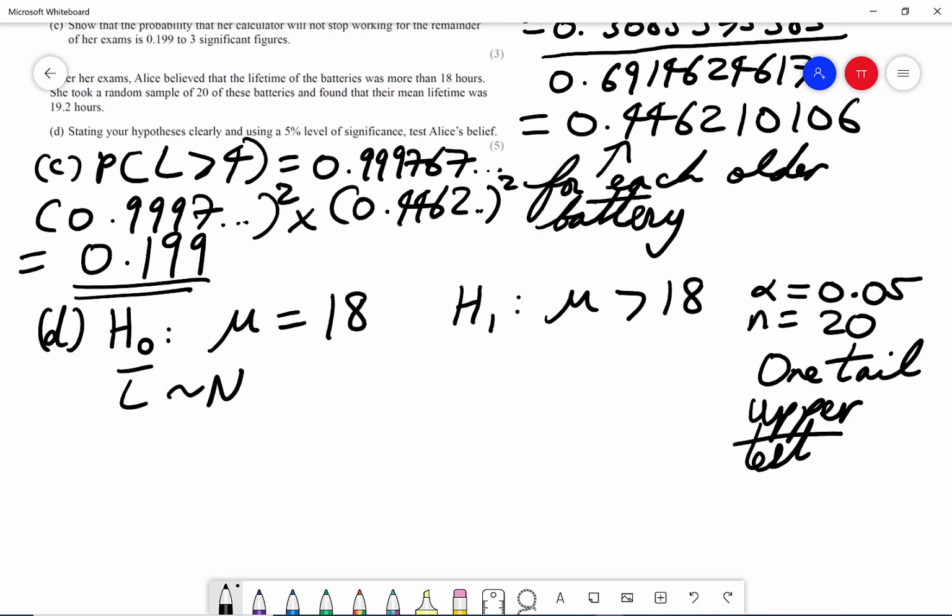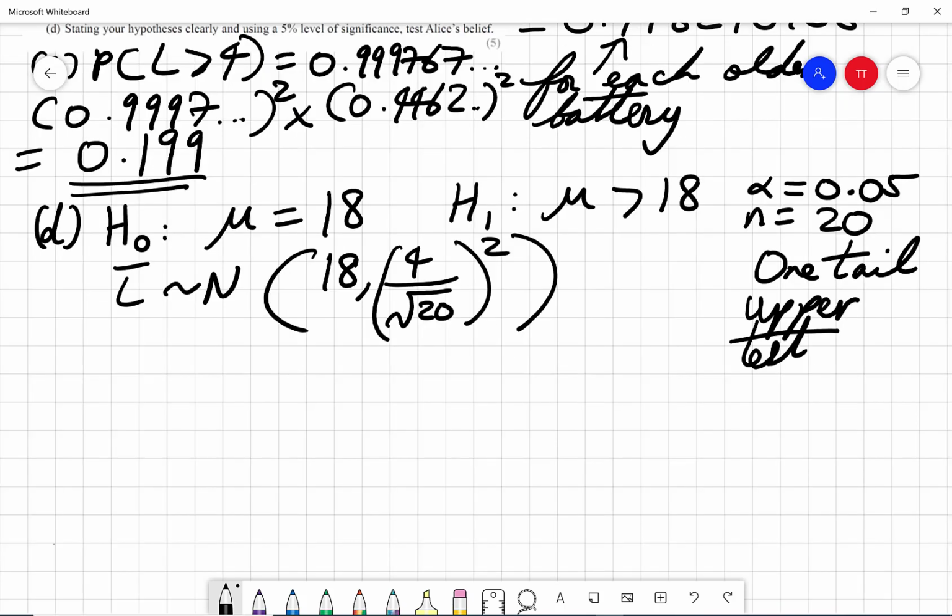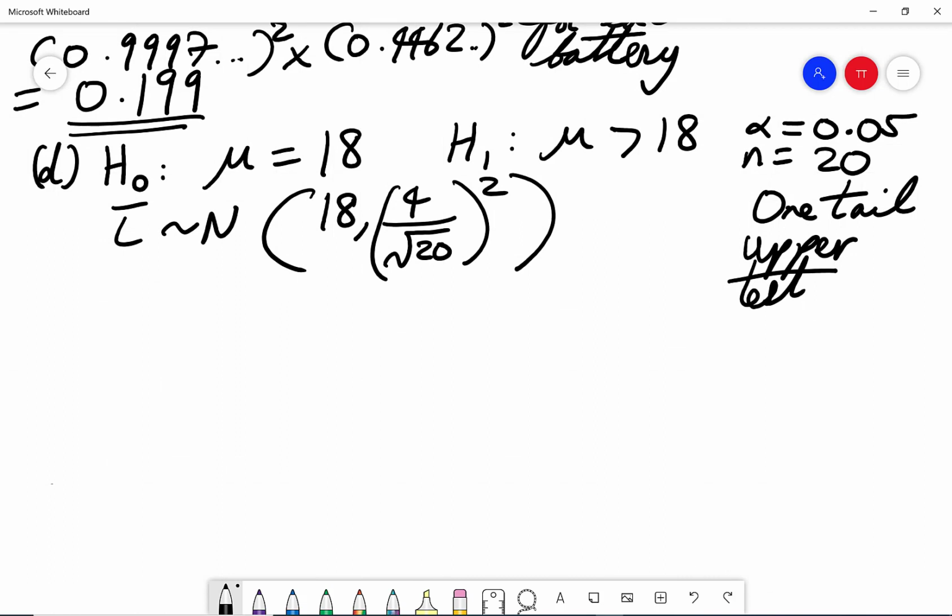Then we can say that X bar, the sample mean, is normally distributed: in hypothesis testing with the normal distribution, we always talk about the sample mean, so it's N(18, (4 over the square root of 20) squared). Now once we've got that, we can say what I want is the following.